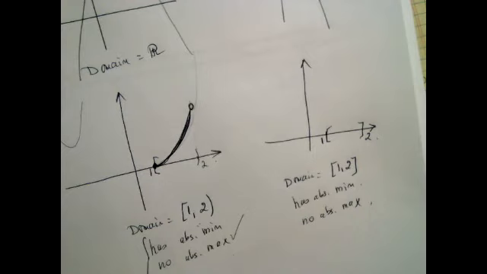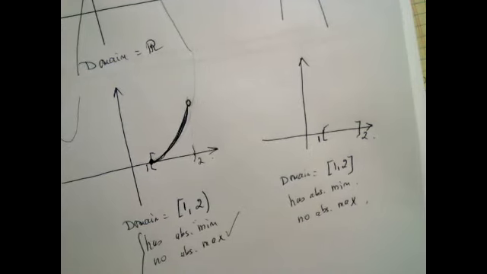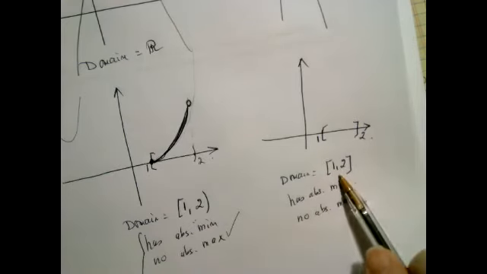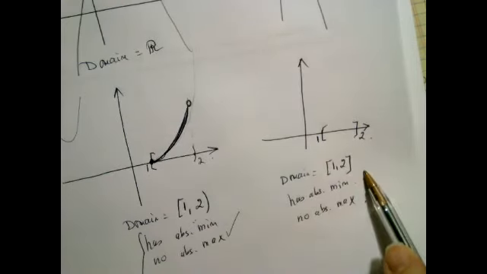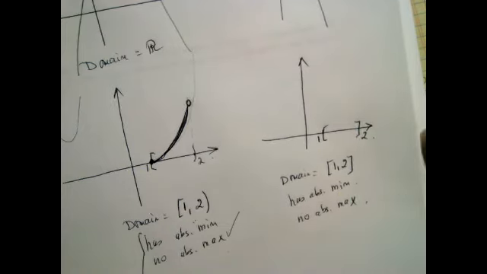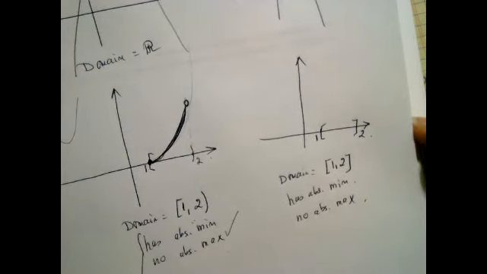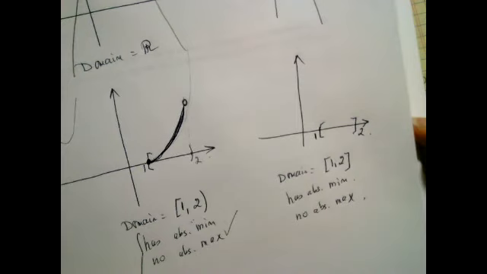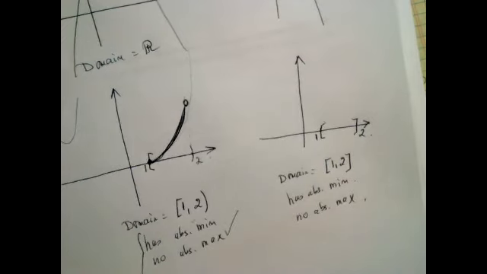Can anybody think of a scenario where the domain is [1, 2], closed, and there is no absolute max? Anybody?